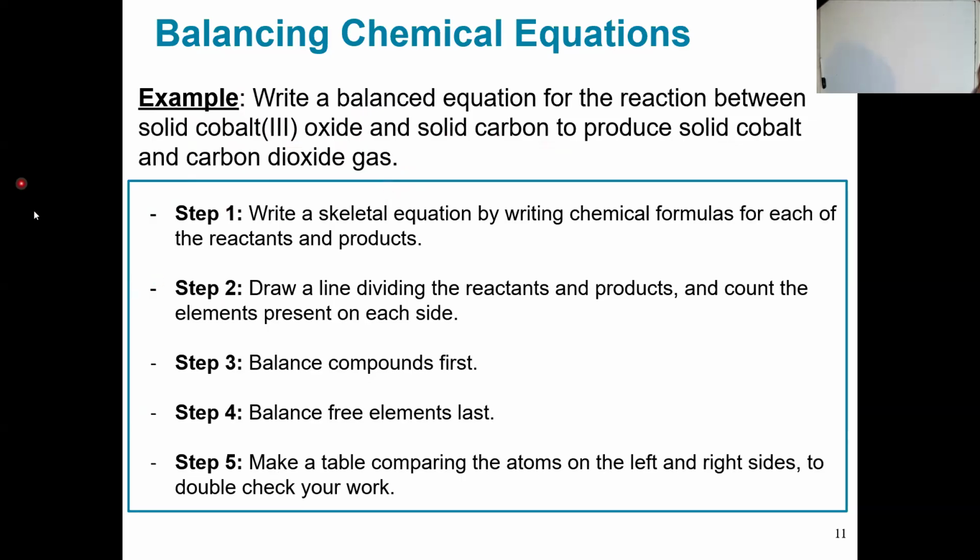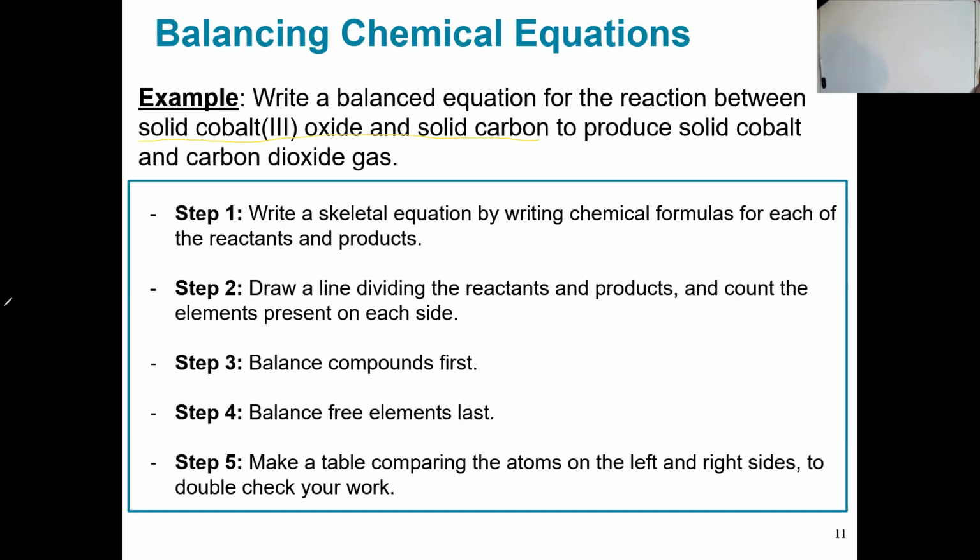When you're reading these reactions, you have to separate the reactants and products as you read them, okay? So as you read this, they're starting by telling you that the reaction is going to be between solid cobalt(III) oxide and solid carbon. So that's what the reaction is between. That means that these two things are going to be mixing together on the reactant side.